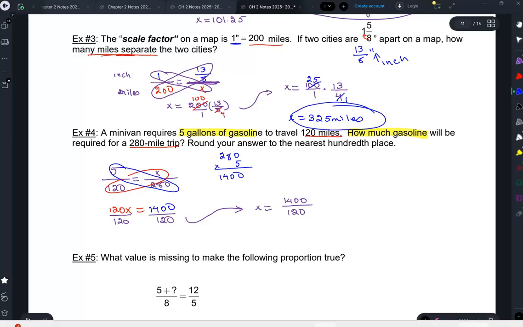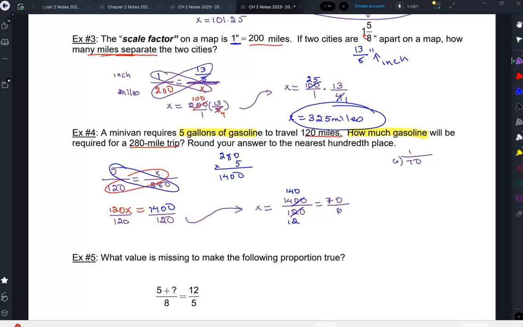Can we divide top and bottom by 10? Yeah? What does that give you? 140 and 12. Okay, can I divide top and bottom by what? 2? What does that give me? 70 over 6.